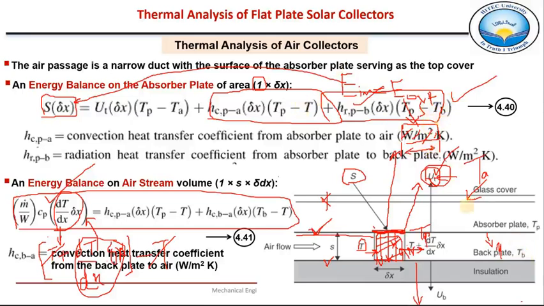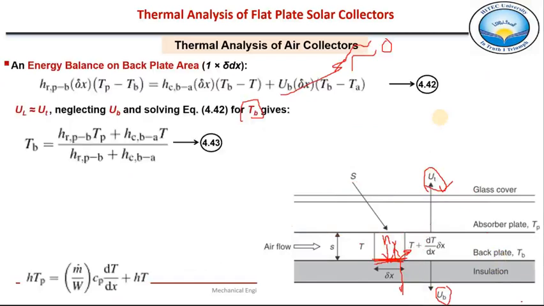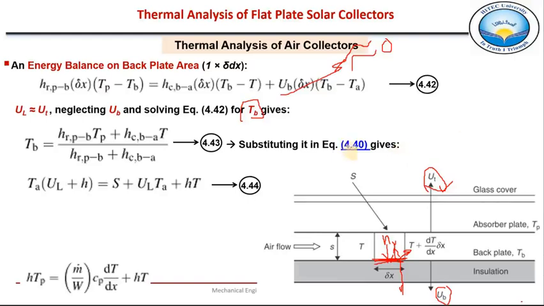So we are replacing this TB from the equation of this back plate in equation 4.40. We have substituted this TB from equation 4.42 in equation 4.40, and then after doing a number of mathematical steps, that is the final form which we will get from equation 4.40, right?